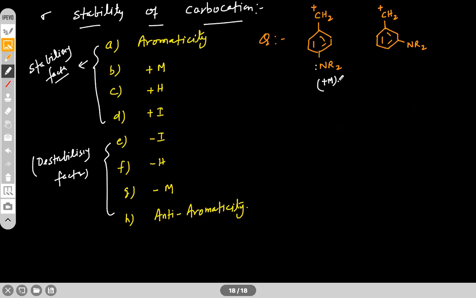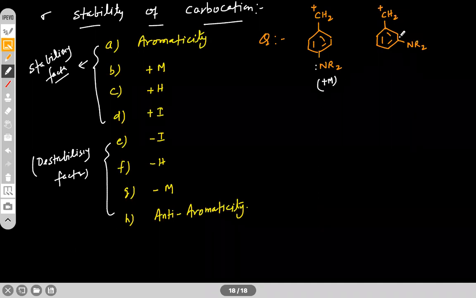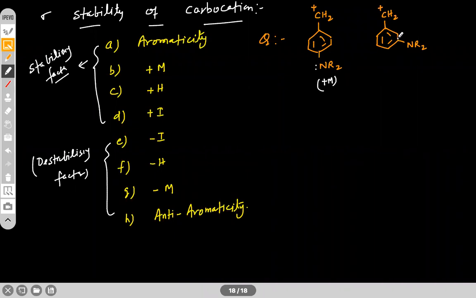Now at para position, we have plus M, but at meta position, plus M and plus H are not possible. This position is unaffected in resonance and hyperconjugation. The only effect which is possible here at meta position is I effect, correct? So what effect does this group show? It shows minus I because nitrogen is more electronegative than this carbon. Tell me, any doubt in this?